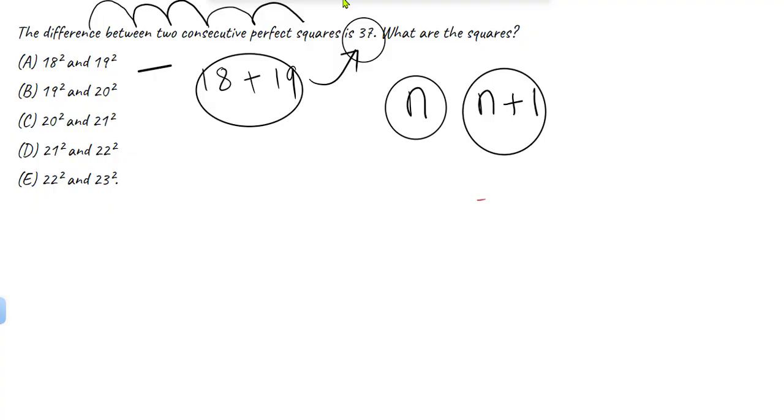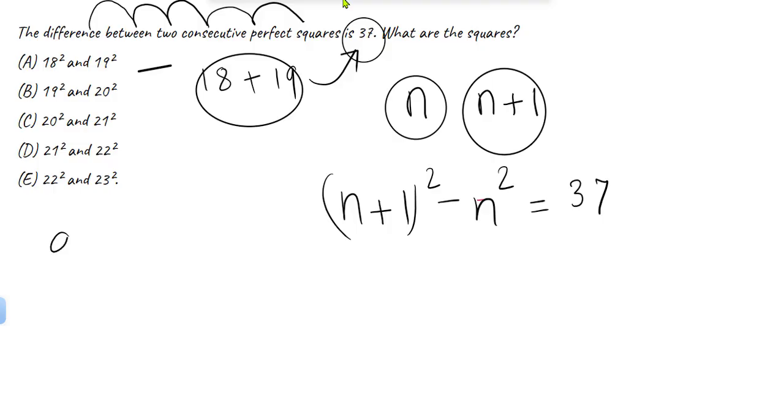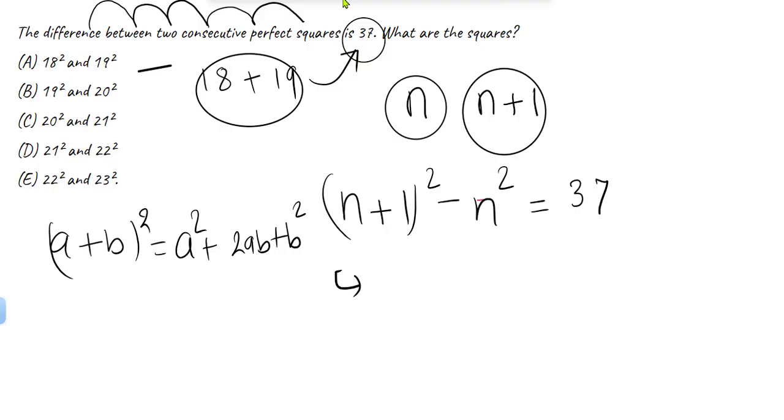Now, n plus 1 whole square minus n square is 37. This is in the form of a plus b whole square, which is a square plus 2ab plus b square. That means this is n square plus 2n plus 1 minus n square, which is 37.